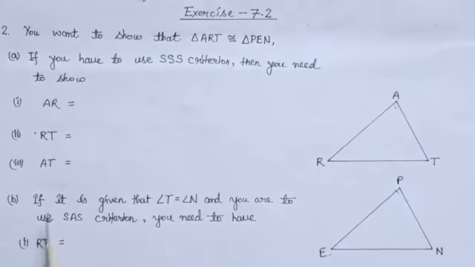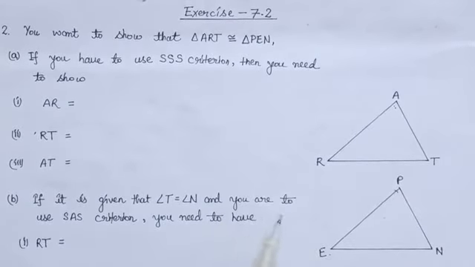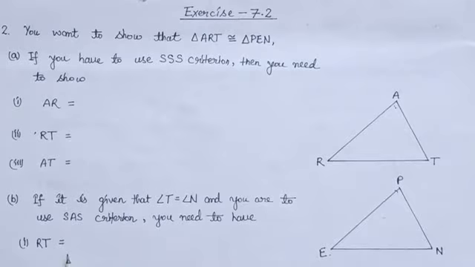And in the B part, it is given that angle T is equal to angle N, and you have to use the SAS criterion, then you need to have RT equal to which side and PN equal to which side.